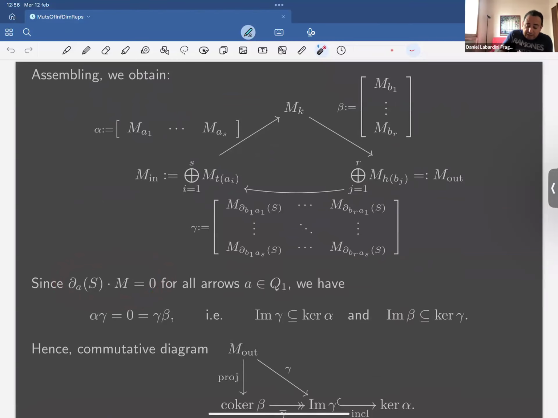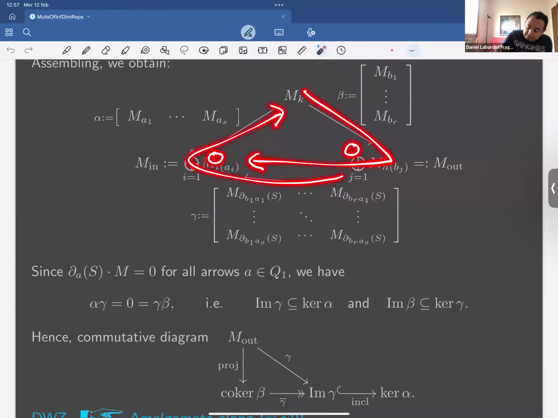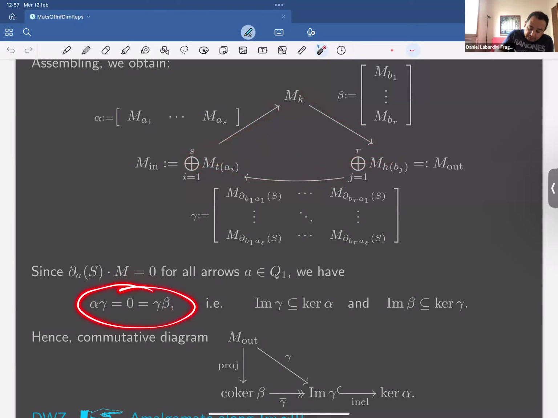And this can be easily seen to imply these equalities, that alpha gamma is 0 and gamma beta is 0. In other words, this composition is 0 and also this composition is 0. That's what this means. And of course, this means that the image of gamma is contained in the kernel of alpha, and that the image of beta is contained in the kernel of gamma. This is if M is a module over the Jacobian algebra.